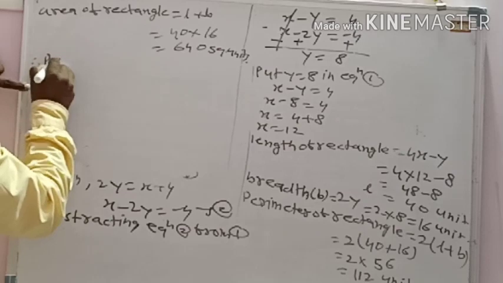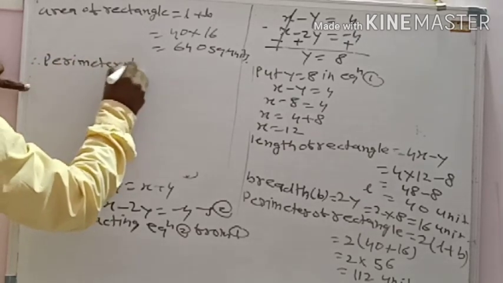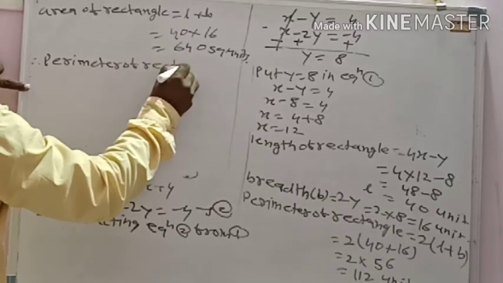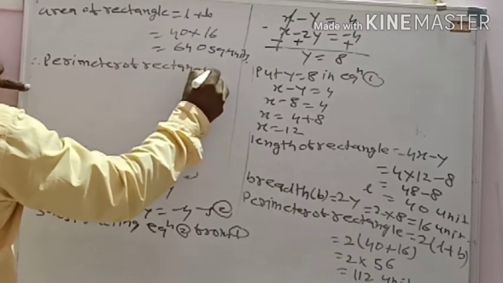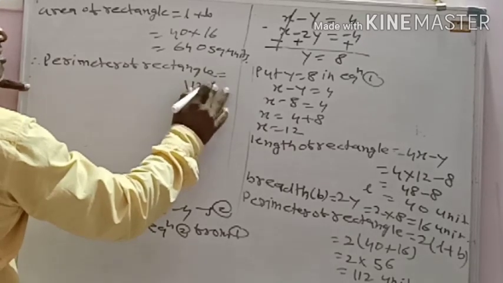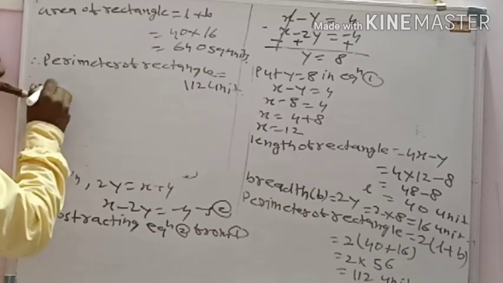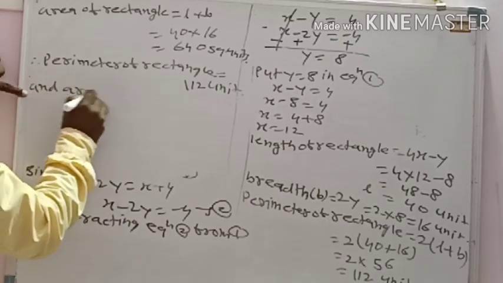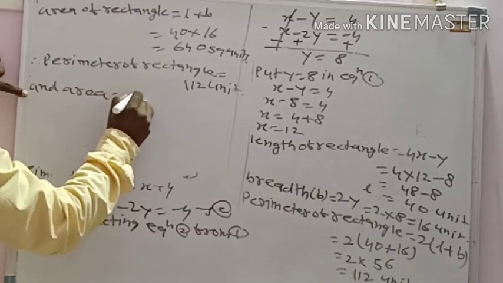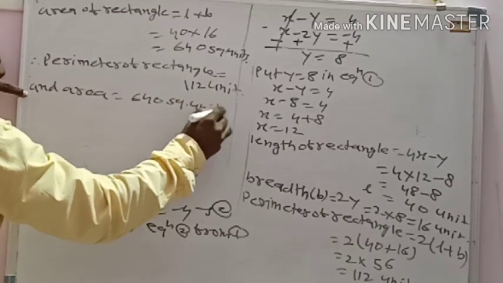Therefore perimeter of the rectangle is equal to 112 units and area is equal to 640 square units.